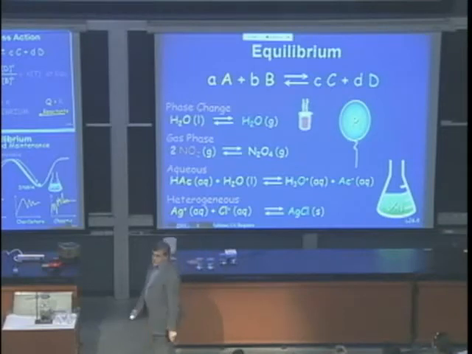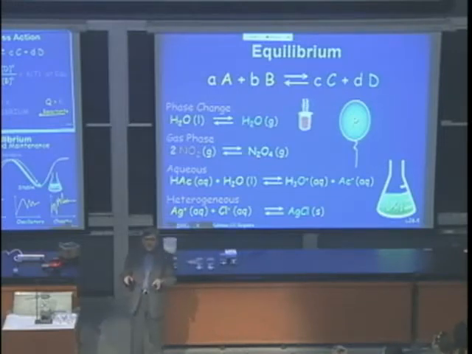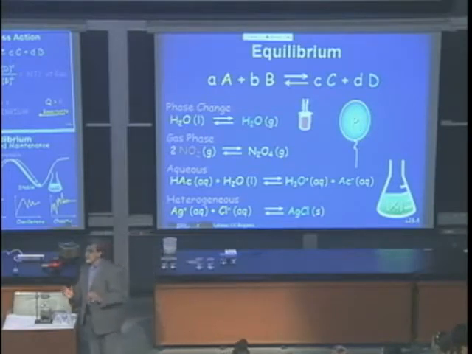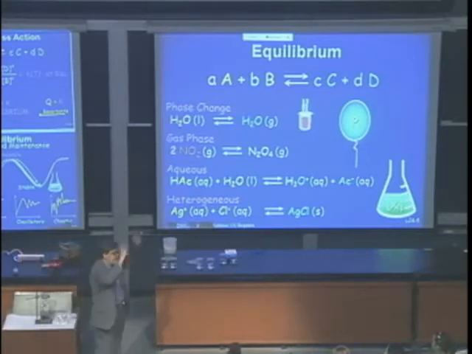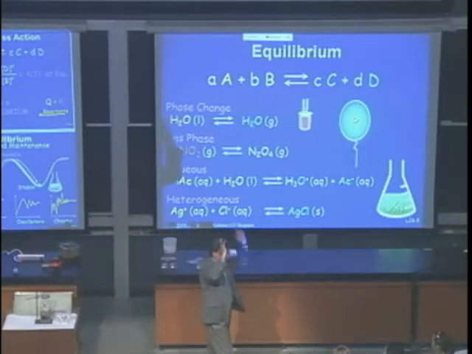Now, I know that some of you are struggling with the standard condition thing, okay? Standard condition is a hypothetical state. We said if we have concentrations, everything is at 1 mole. If we have gases, everything is at 1 atmosphere.